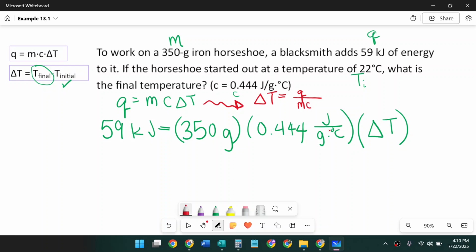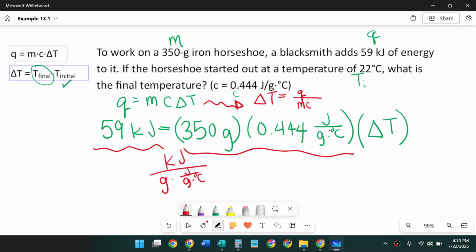So if you want, you can do that first, and that might actually be more helpful. If I do that, I'm going to end up with the Q on the top, and on the bottom these two, which means I'll have kJ on the top and grams times joules per gram times degrees Celsius on the bottom. But I can't cancel these because one is kilojoules and one is joules.